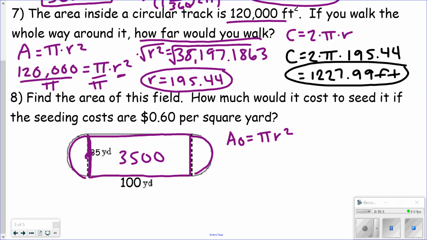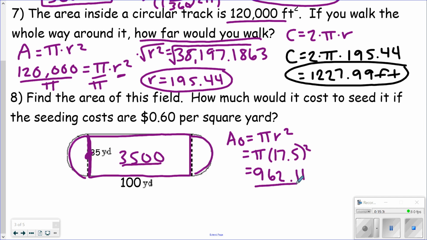That would be 17.5. So that means that our radius is 17.5. So pi times 17.5, I'm going to square that. That means that that area is 962.11.